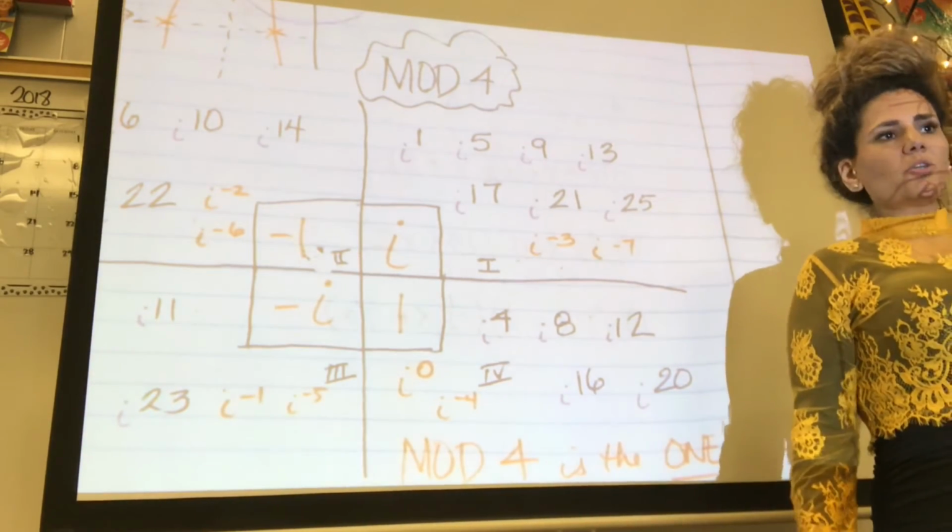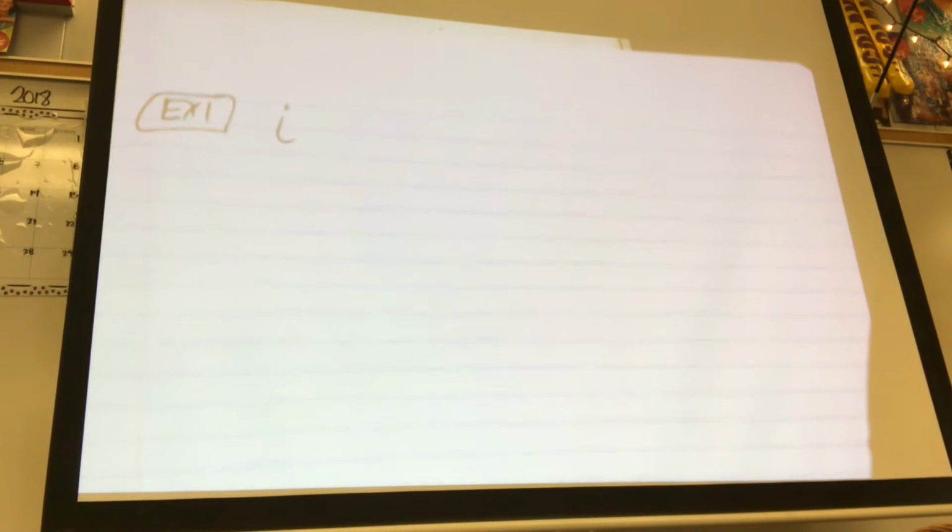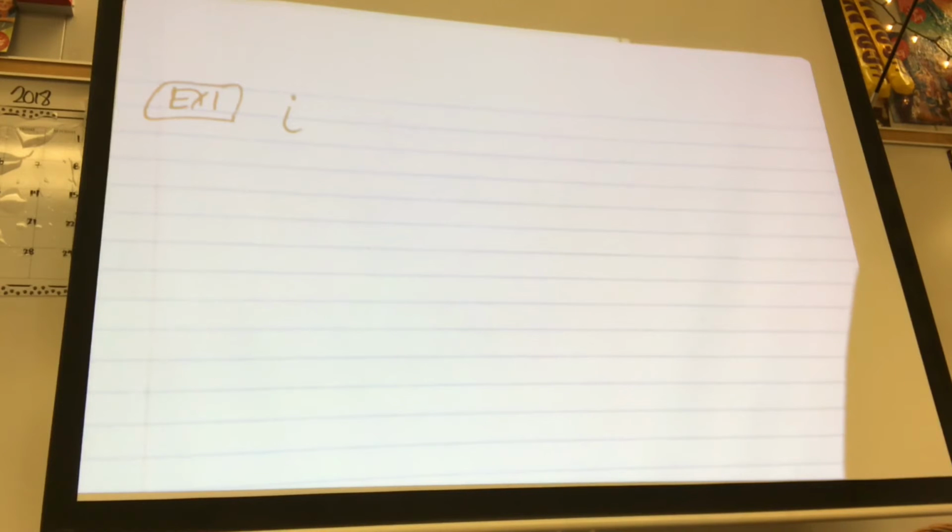Pretty easy? So if I just give you I, that's real or imaginary? Imaginary. Now I want it to be real. What can I do to make it real? Multiply it by what? By 2? Now that says 2i. Multiply it by I, because now it's going to say what? I squared.